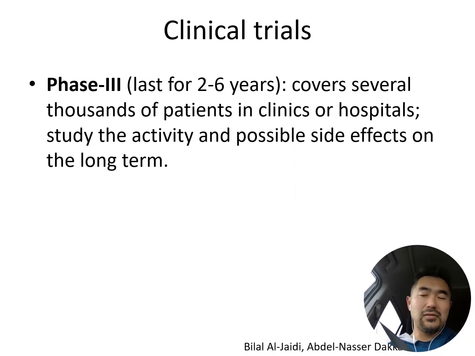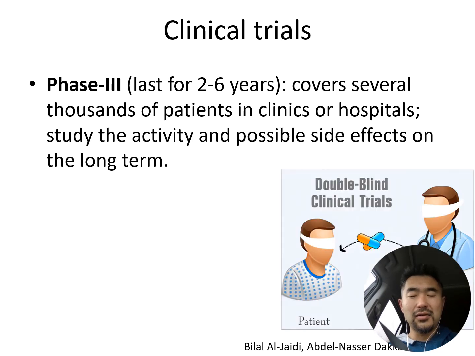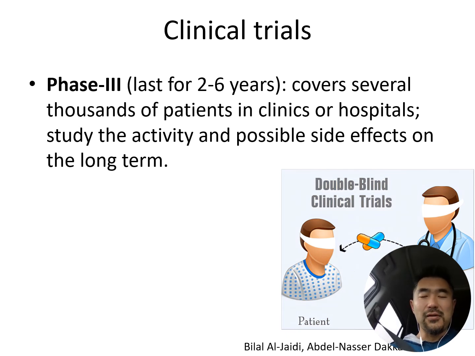Once you pass that phase, you get to phase 3, where you take a little more time to do what we often call double-blind clinical trials, where both the administering physicians and the patients don't know whether it's a placebo or the real drug being tested.